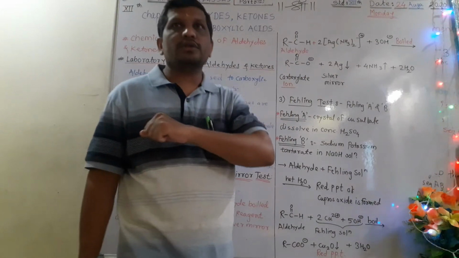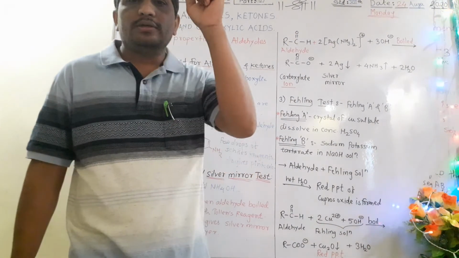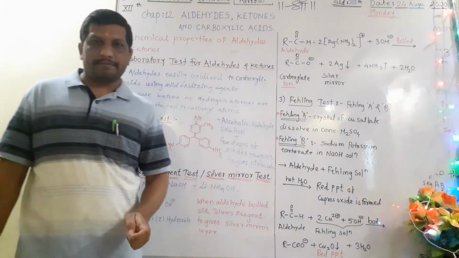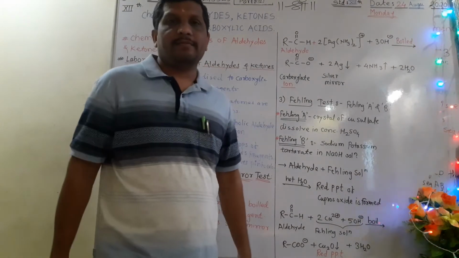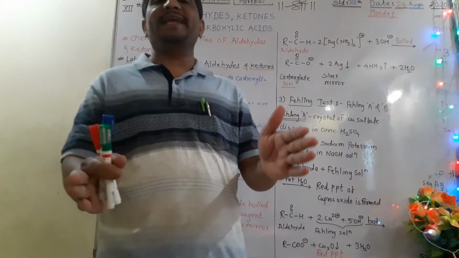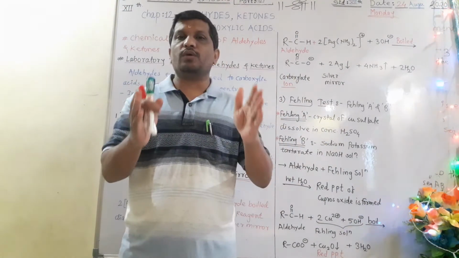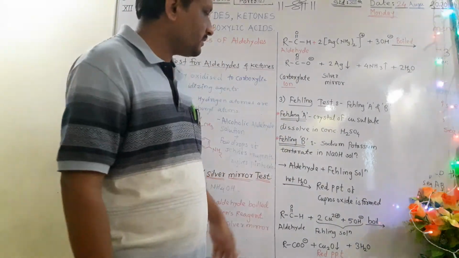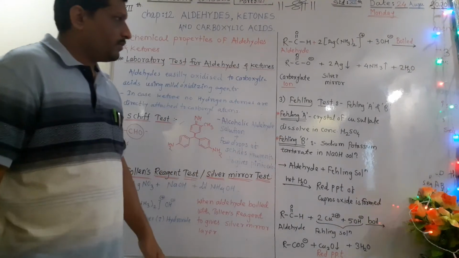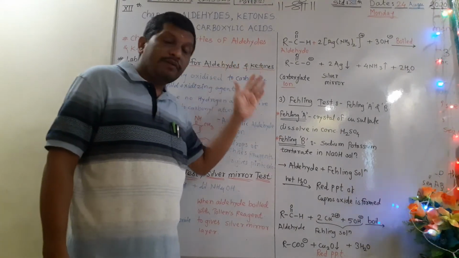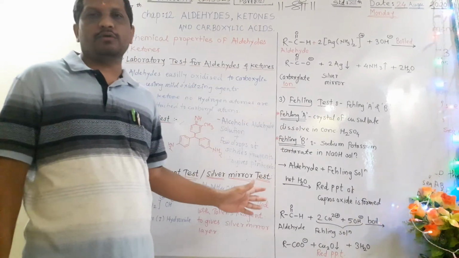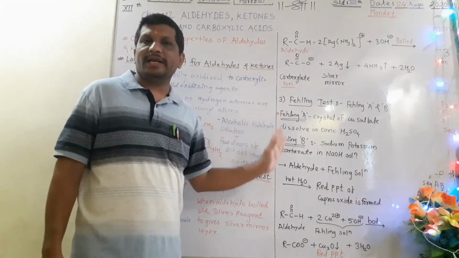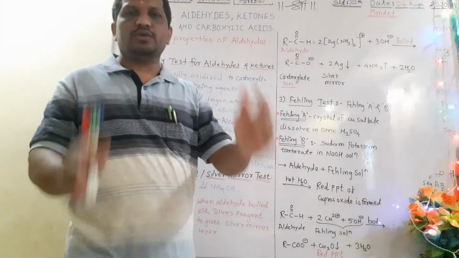This cuprous oxide shows the red precipitate, and this red precipitate identifies that the given solution contains the aldehydic CHO group. It is confirmed and detected by using Fehling's solution.